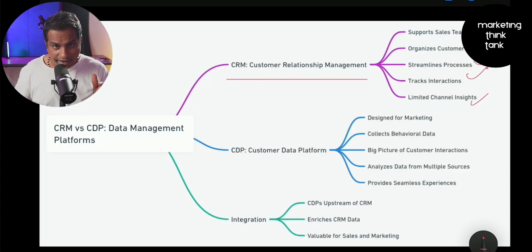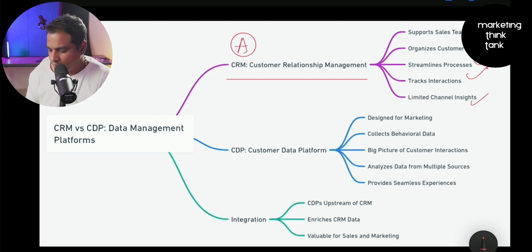Now, let's call this CRM system A. On the other hand, let's call CDP B. Now, let us see what CDPs do. CDPs are designed for marketing because they not just have information about what has happened, they look at the entire behavior of a particular visitor or customer with your product.